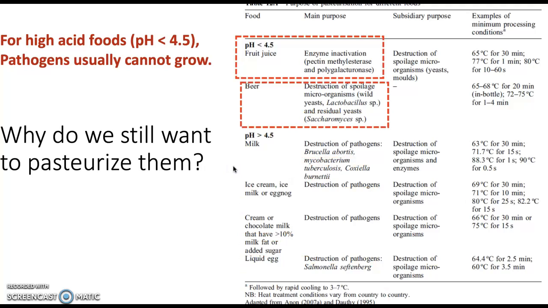But in beers, the goal is to kill spoilage microorganisms, and there's no secondary purpose. If we look at the items below, which are the low acid foods with high pH, all the purpose is to kill pathogens. So very different purposes here.